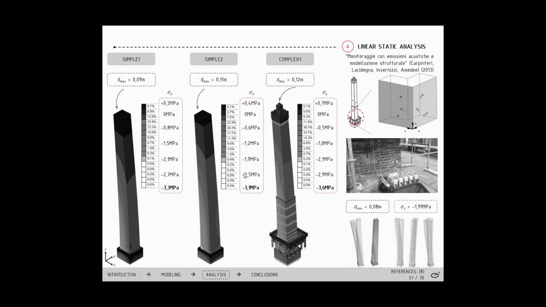Regarding the vertical stresses, we obtained this figure in which the tensile stresses are those positive and lower values, and the compression stresses are those negative and higher values, as expected in a masonry model.